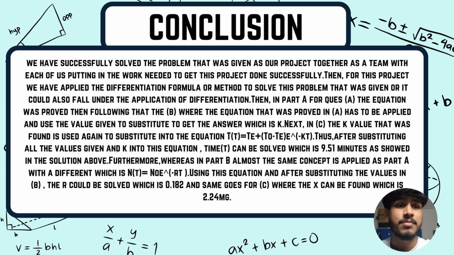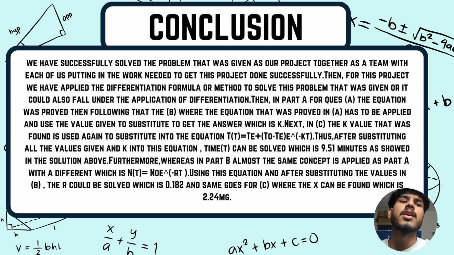Thus, after substituting all the values and the K into this equation, and also substituting the time, it can be solved, which is 9.1 minutes. This was solved by my friend.